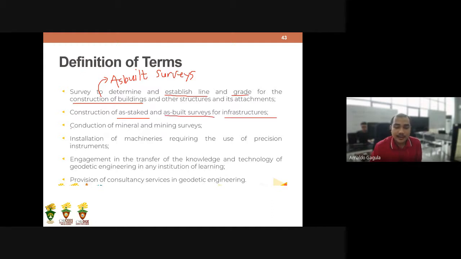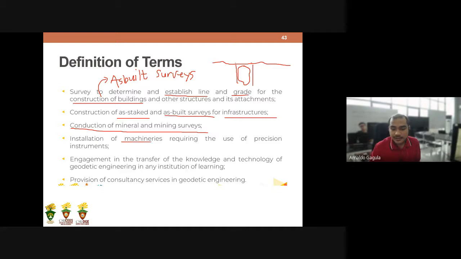Next is the conduct of mineral and mining surveys. For example, determining the coordinates. The role of a geodetic engineer in a mining company, for example, is on the mining surface area of the earth, where the ore is buried. The geodetic engineer determines the locations of the points where the ore is located, and also maintains the elevations, usually the volume to be excavated, and many more.